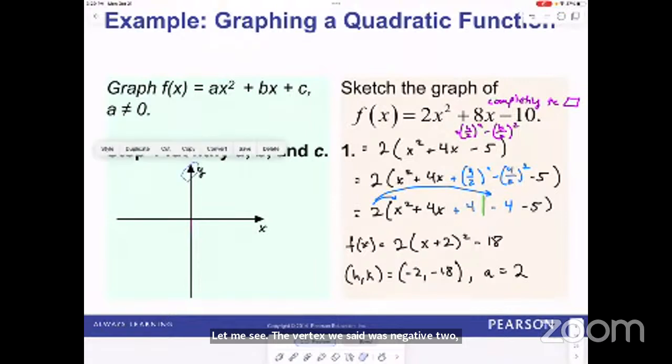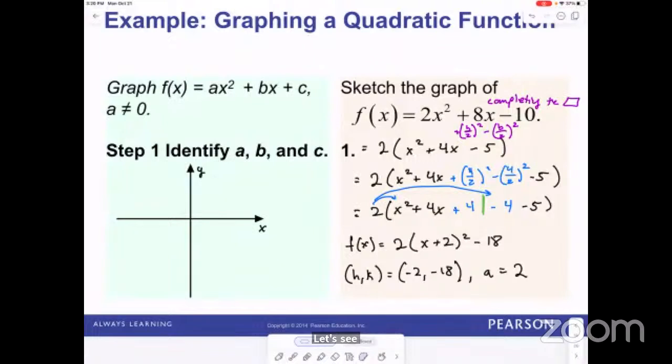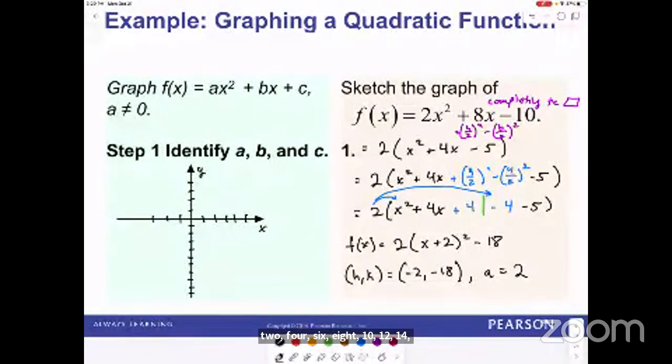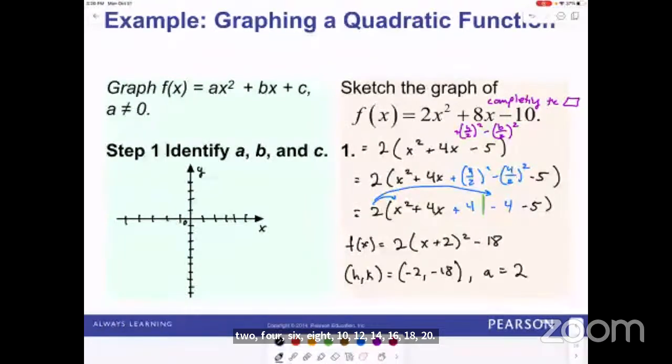Counting by 2s on the y-axis: 2, 4, 6, 8, 10, 12, 14, 16, 18, 20, and on the x-axis 1, 2, 3, 4, 5 in each direction. Again, it's not drawn to scale, so that's going to throw things off a little bit.